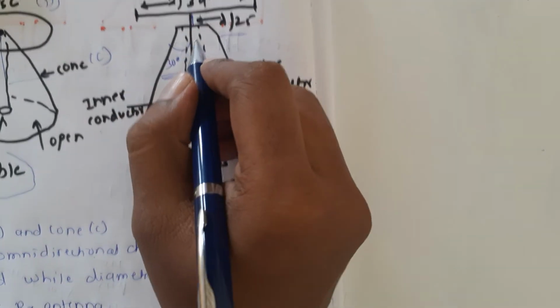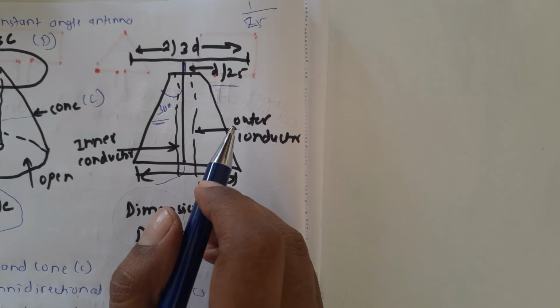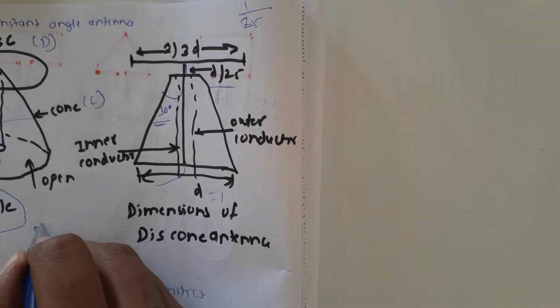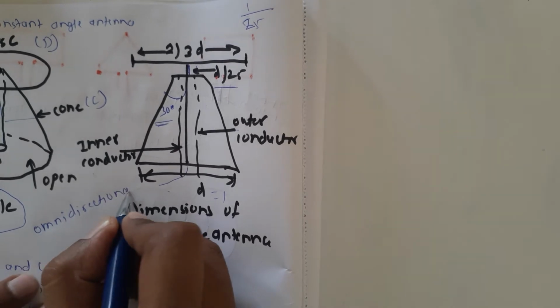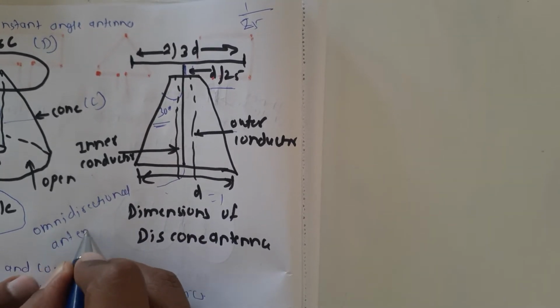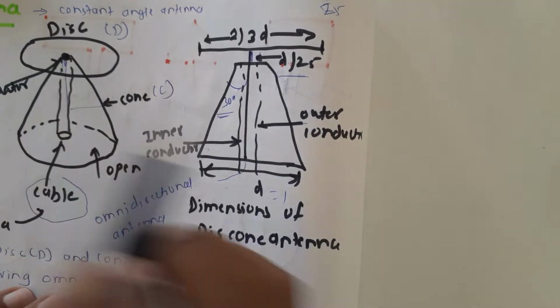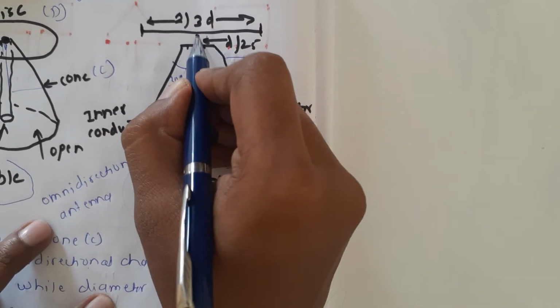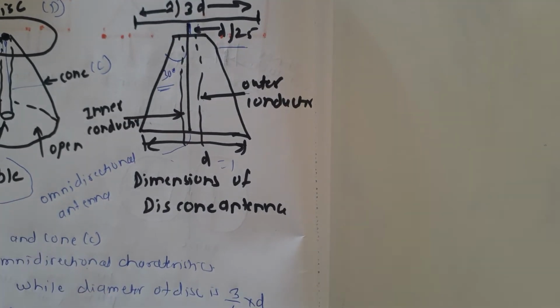Here we will see how the radiation pattern will look. This antenna is basically an omnidirectional antenna. Basically it will act as a reflector. Here we have the feed lines, so it will transmit the signal like this.